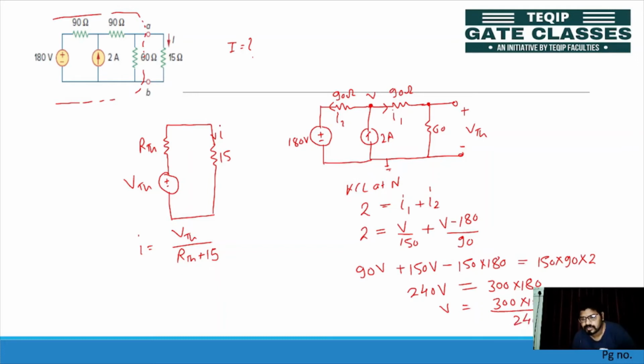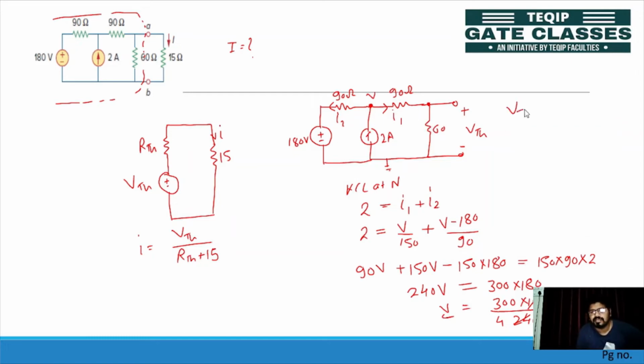You can calculate from here, it comes to 900 by 4. Okay, so what is this? This is V. Now what is VTH?